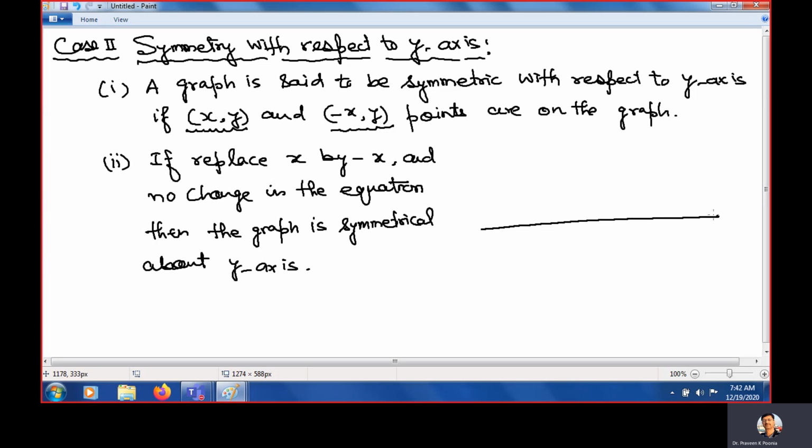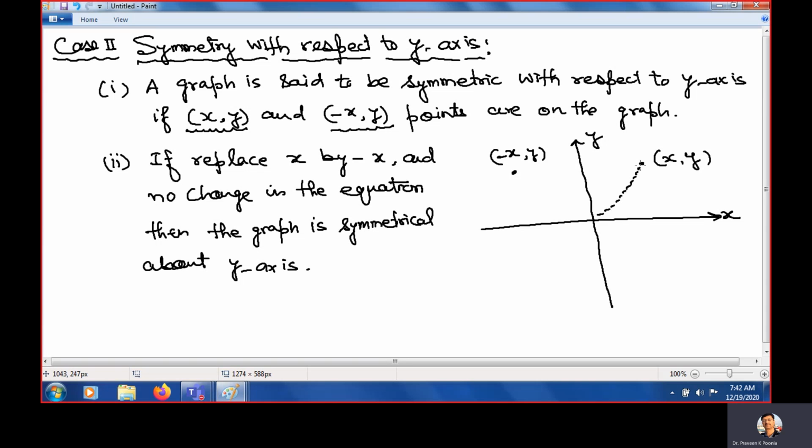So this is the x-axis and this is the y-axis. Clear? And here is the point (x, y). So minus x means x on the opposite side. This is here, (-x, y), and it should be on the graph.